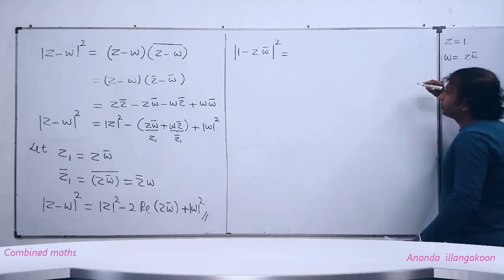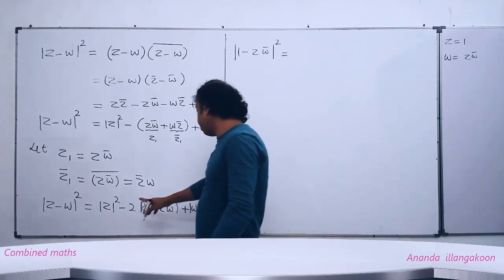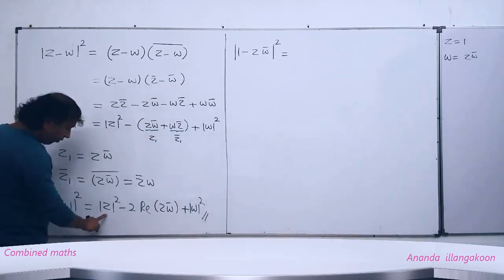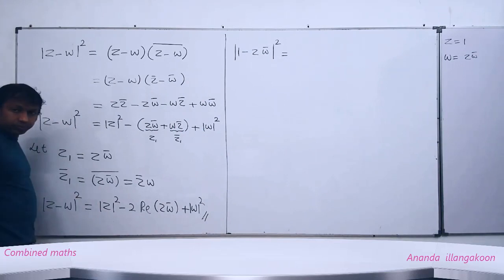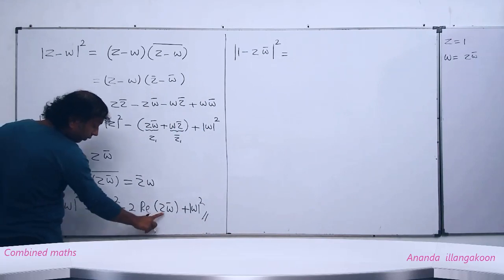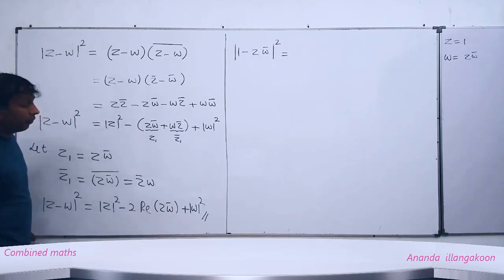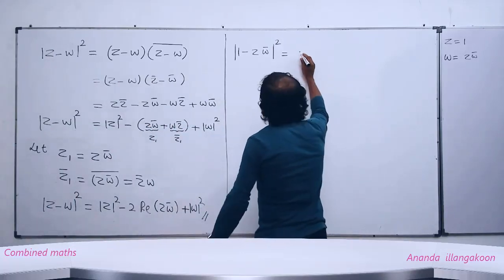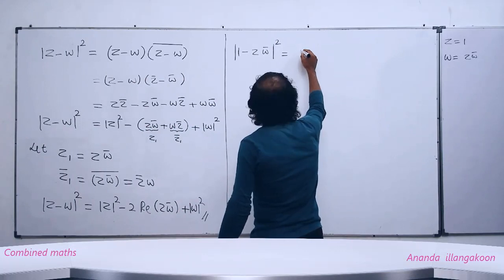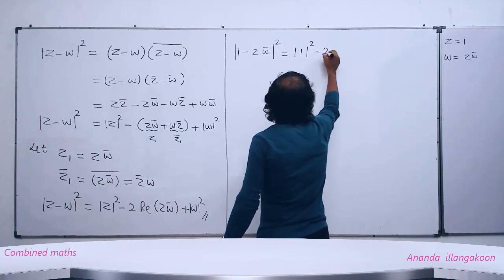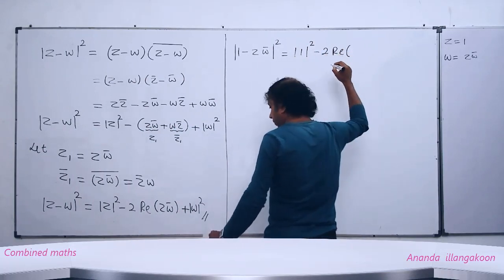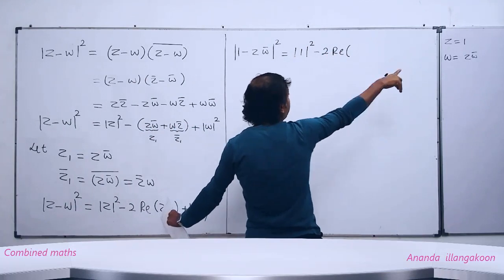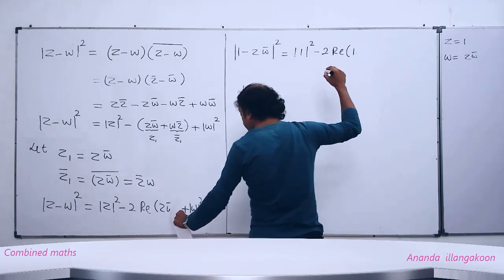Then what I do is, in this right hand side expression, every Z I put as that 1, and the rest, W bar, I can take by that. Then I write like this. This way I can write Z is now 1, its modulus perfect square, minus 2 times real part of this Z, this one, W bar.